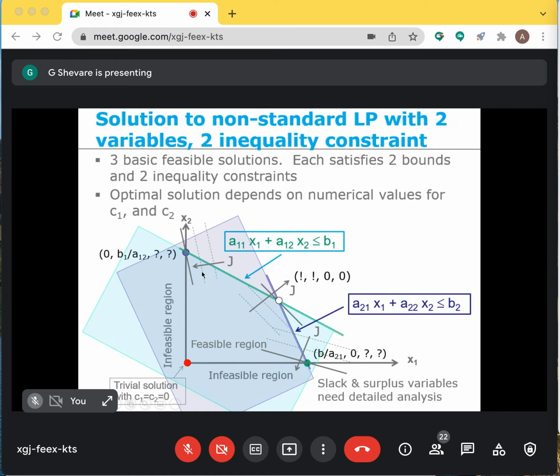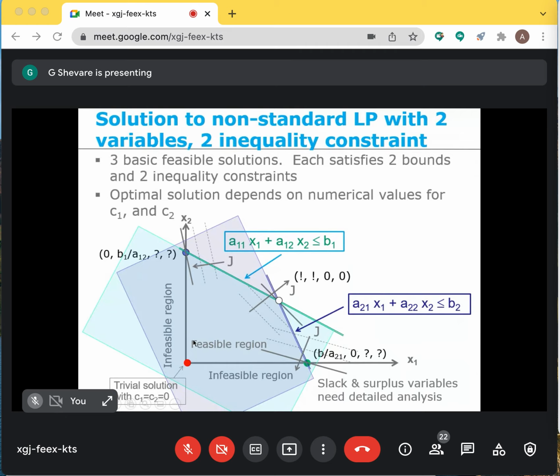As the value of C1, C2 changes, the solution would go from the right to the left, and then you will get the solution shown by the blue point there. It could be this point, or this point, or even this point. So basically the solution is always at the vertices, and there are 4 solutions which are acceptable.